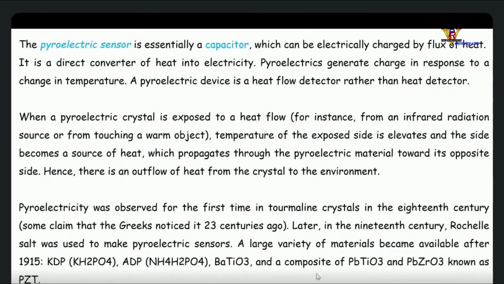So these are the materials available to design pyroelectric sensors.